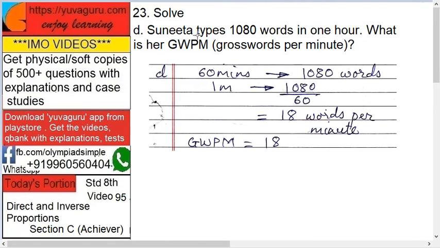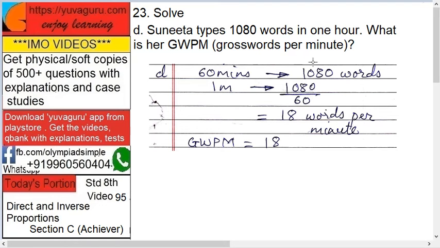Next, Sunita types 1080 words in 1 hour. What is her GWPM, gross words per minute? Very simple. 1 hour means 60 minutes. In 60 minutes she types 1080 words. Now we want it in 1 minute. So is it direct or inverse proportion? 60 minutes, 1080 words.